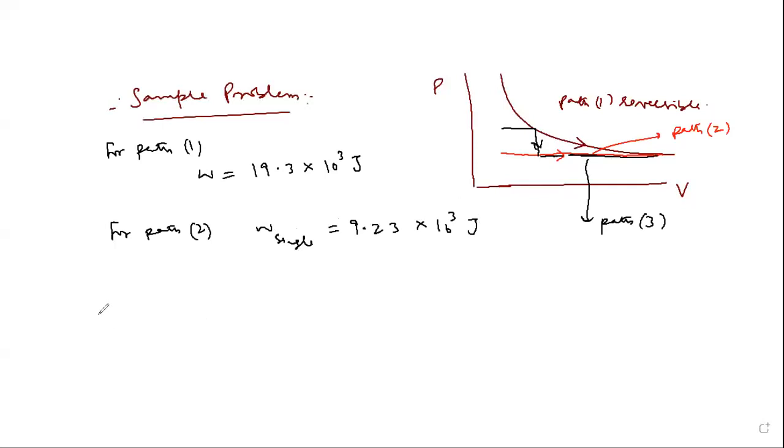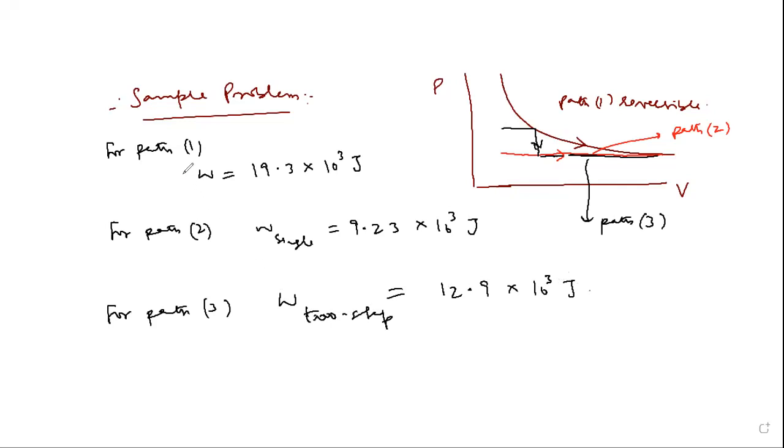And for part 3, which is 2-step irreversible process, W 2-step, it was 12.9 into 10 raised power 3 joules.